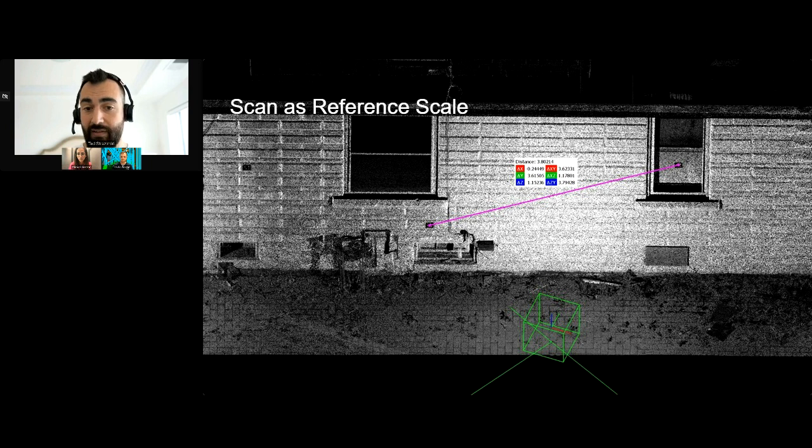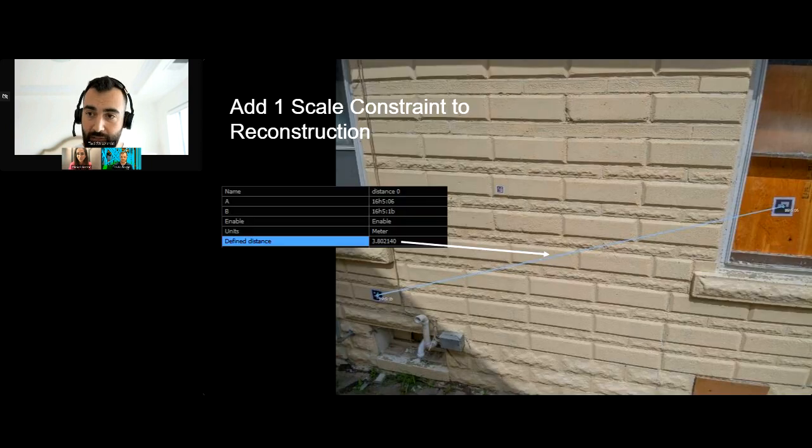You can see here it's 3.8 meters roughly. I take this measurement, find those exact two spots in the photos, and tell it, this is 3.8 meters. So from here on, use this for the rest of the reconstruction. That should bring everything back down to scale where we expect it to be.